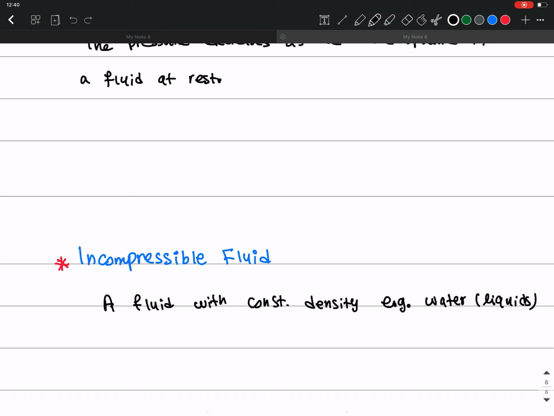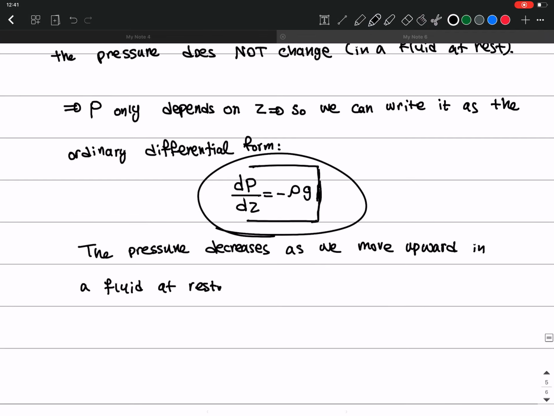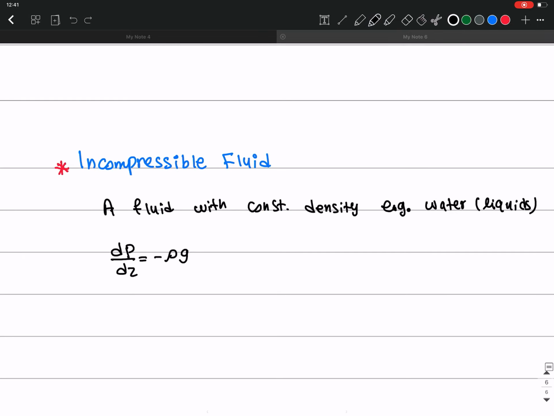Like we talk about the divergence of velocity and other things. But this is a simpler definition, which is constant density. So this means that, for example, for this equation, dp over dz equals minus rho g, which is the equation we found here, the density is going to be constant in the fluid.